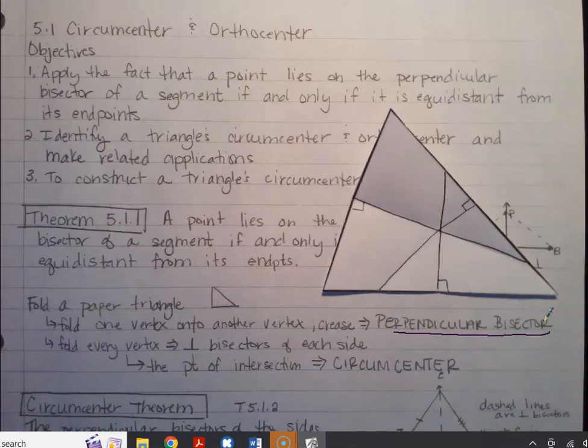It's kind of like a spider web. Good. So how many perpendicular bisectors did you make? How many times did you fold it? 3. So you made 3 perpendicular bisectors.